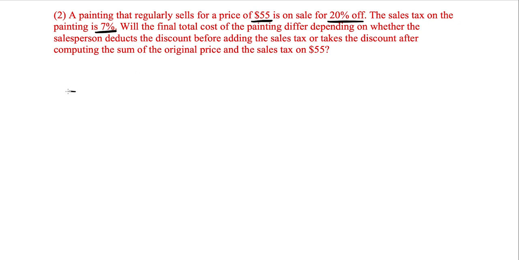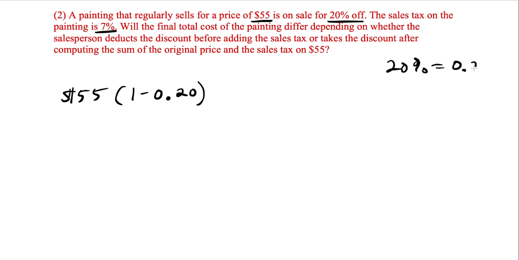The first method is we take $55, and if we take 20% off, that means we're doing 1 minus 0.20, because 20% is the same thing as 20 out of 100, and that's equal to this decimal.